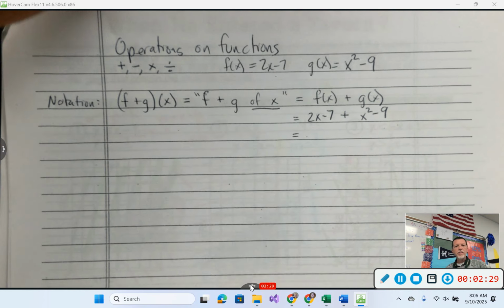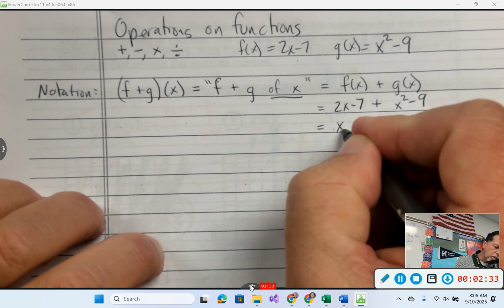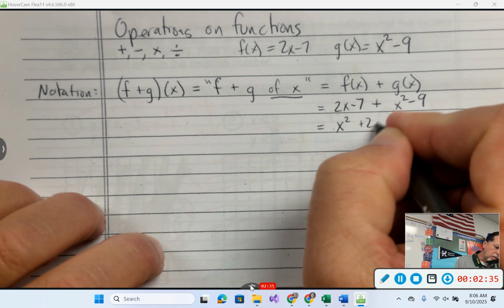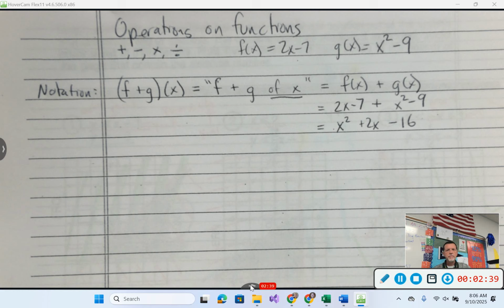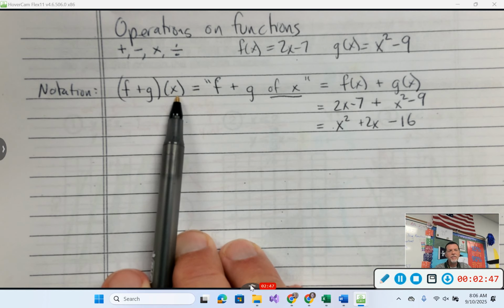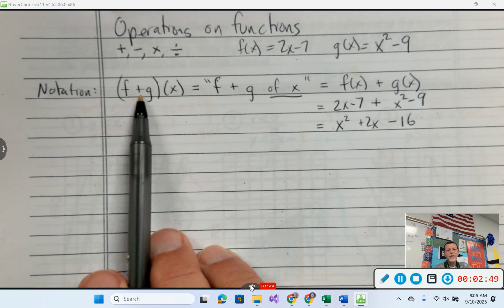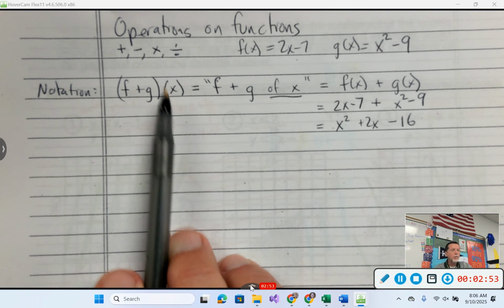So if I add those together, and I'm even going to put them in the right order, so x squared plus 2x minus 16. All I did was add f and g. Do not multiply by x. That's what throws people off. They're like, ooh, I'll add f and g and then I'll multiply by x. But this is not multiply. This tells you what the input is.